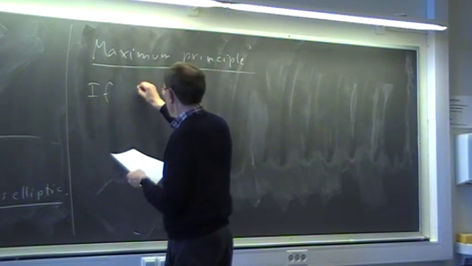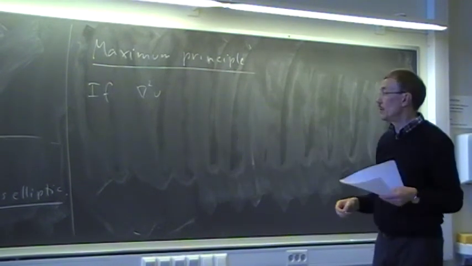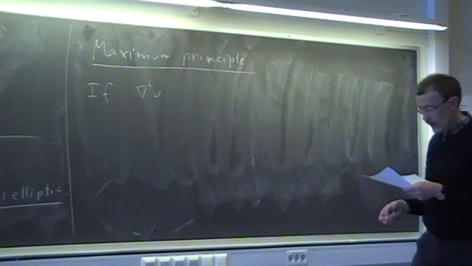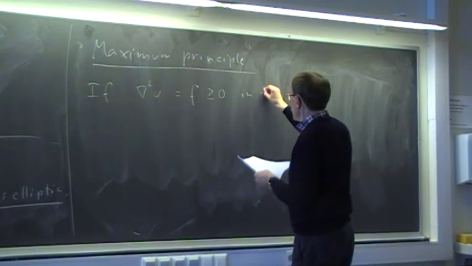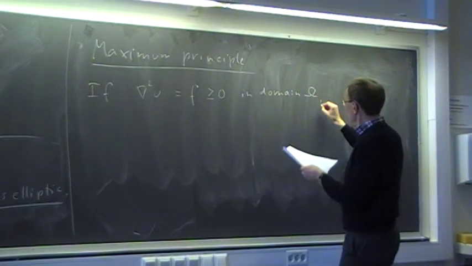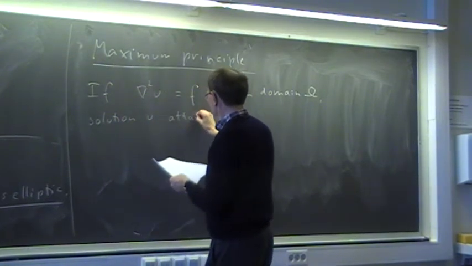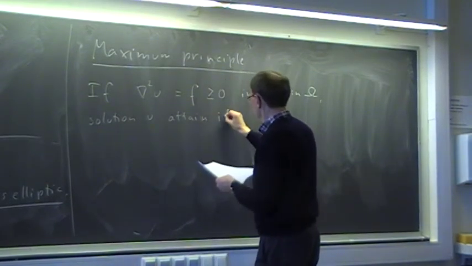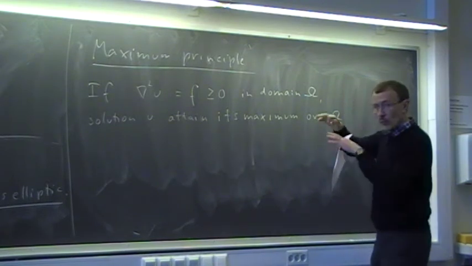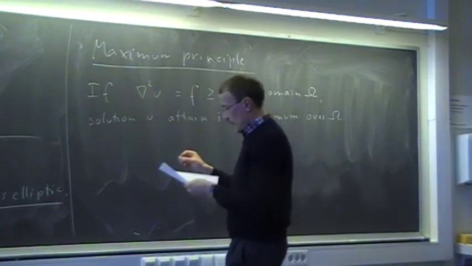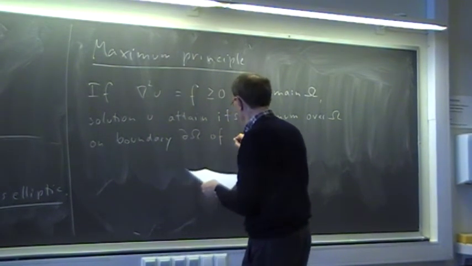If the Poisson equation, now we can write it even more general with the Laplacian, the nabla squared operator, which need not be in 2 dimensions, it can be 1, 2, 3, or n, whatever you like, is equal to some given right-hand side f, and that is larger or equal than 0 in the domain omega that we consider, then the solution u will attain its maximum over omega on the boundary d omega of the domain omega.